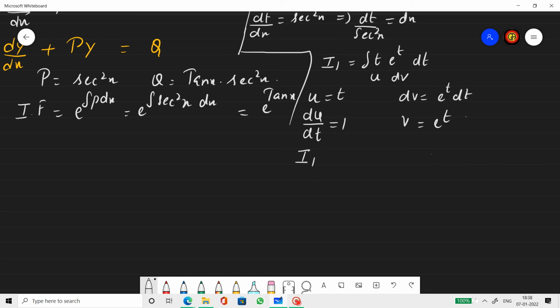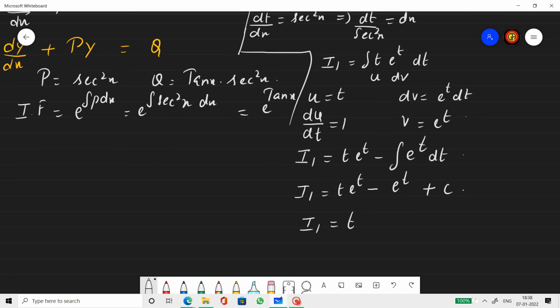So I1 equals uv, which is t into e power t, minus integration of v du, which is e power t into dt. So I1 equals t into e power t minus e power t plus c. Integration of e power t is e power t itself. So substituting t back, t being tan x, this is tan x into e power tan x minus e power tan x plus c.